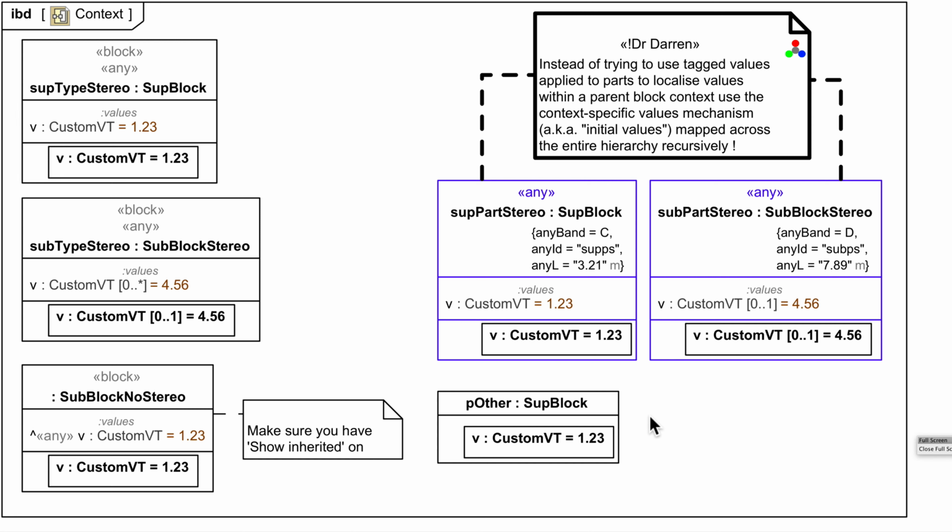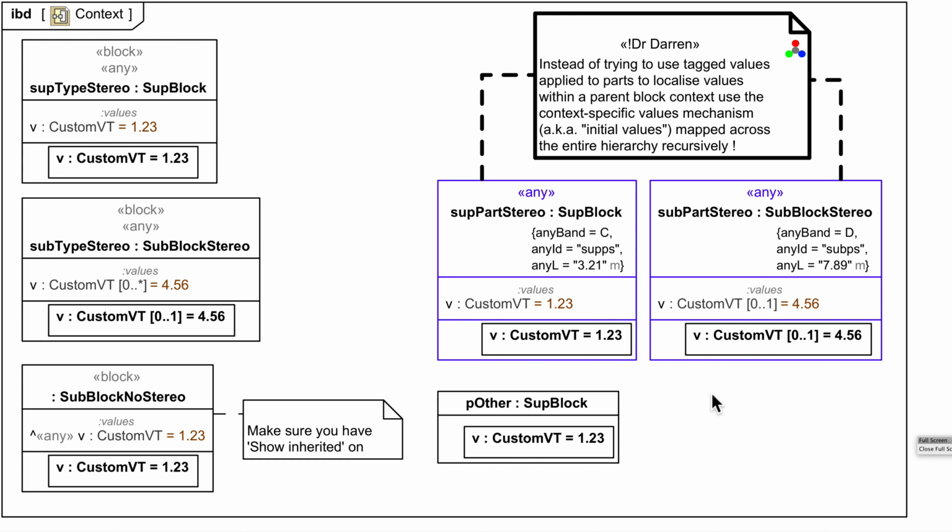Okay, so we're only looking here in an internal block diagram for a block context at these parts that had part level stereotypes applied to carry metadata. Remember, we could sneak in here a length.